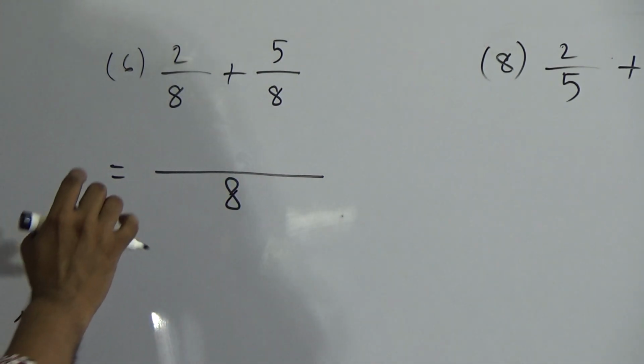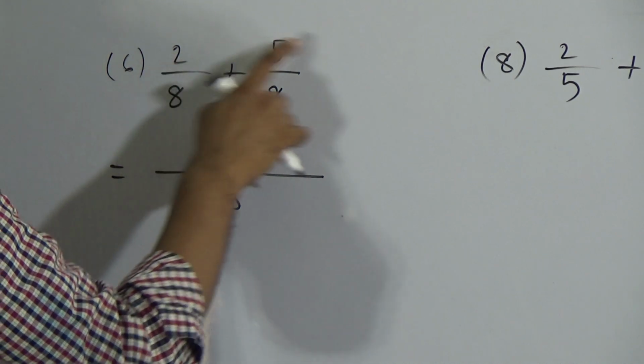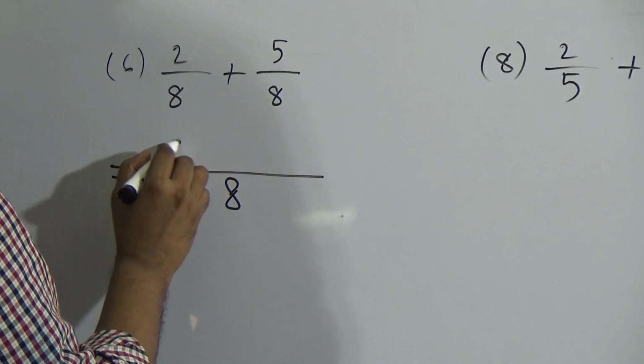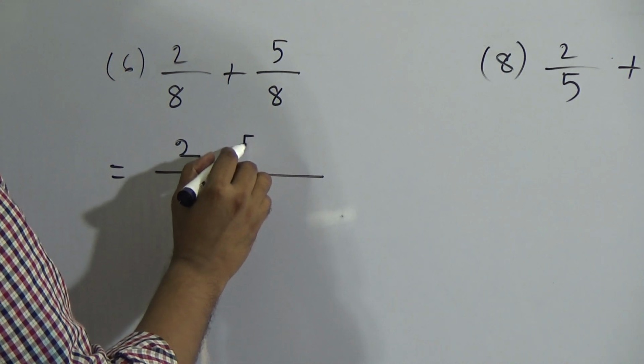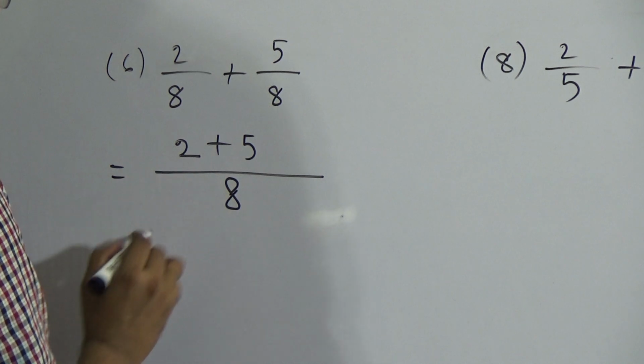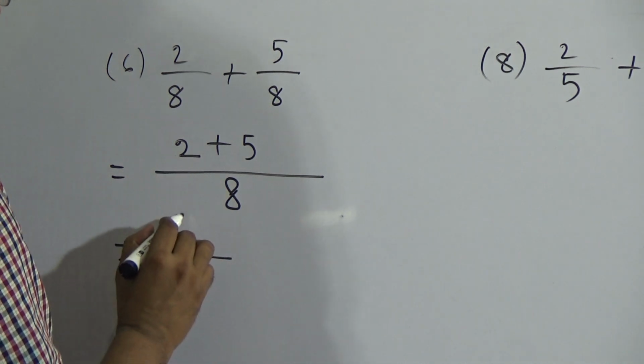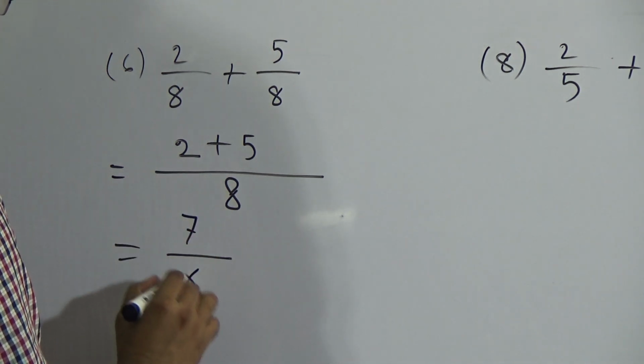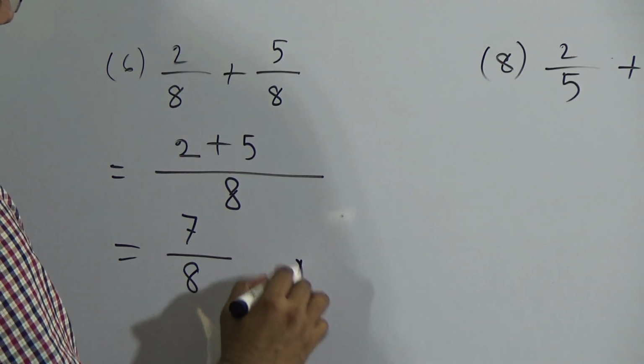Now we'll write these two numerators 2 and 5, and between these two numerators we have to give an addition sign. Now 2 plus 5 is equal to 7. 7 by 8, and the answer will be 7 by 8.